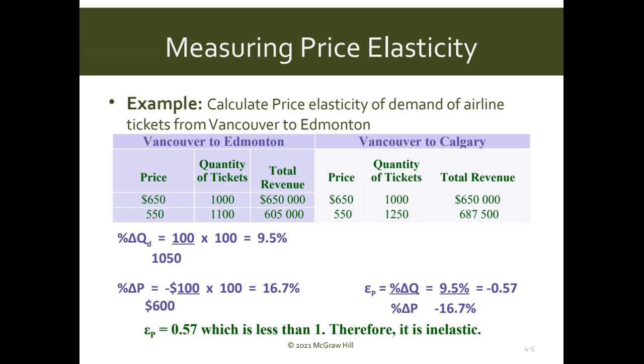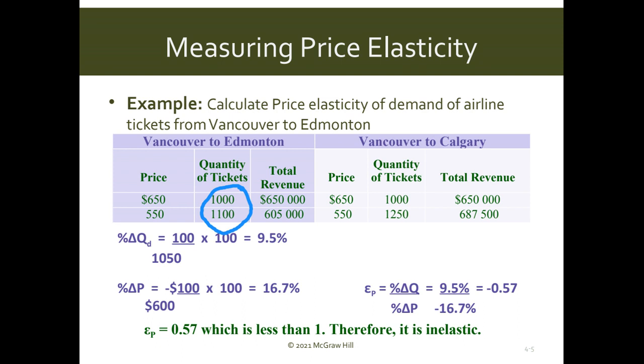If you notice here, this is 100 divided by 1050. There's no 1050 in the data. Why? 1050 is the average of the quantities demanded, 1000 and 1100. So the average is 1050. That is why we have taken 1050 here. Okay.